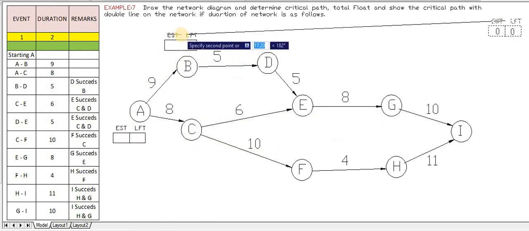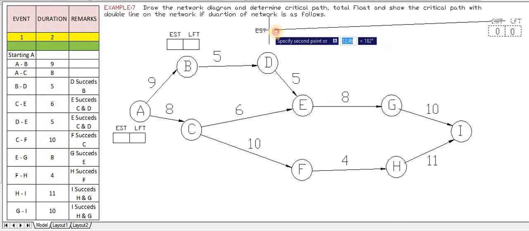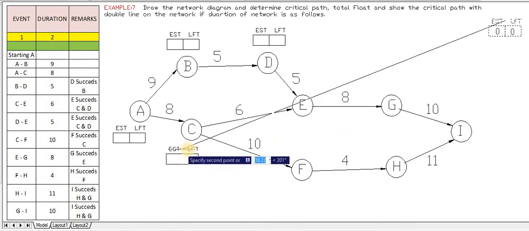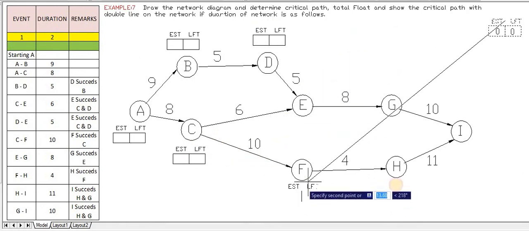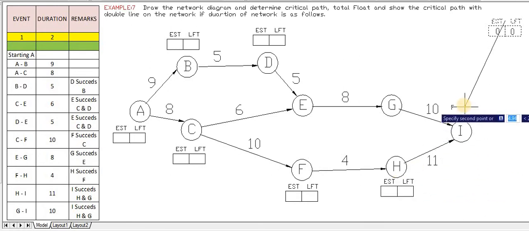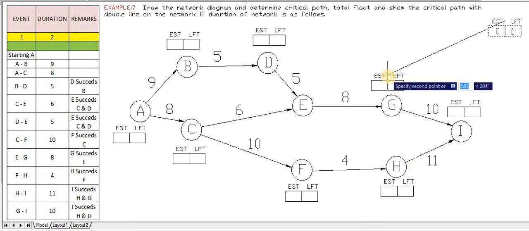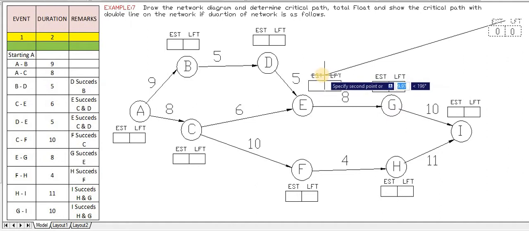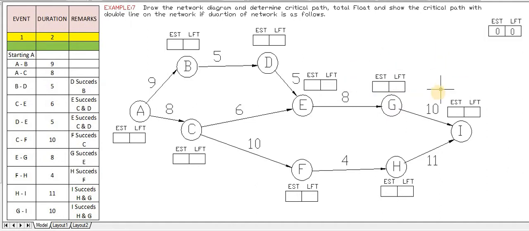Then we will fill in the data. In this way we have copied the earliest starting time and latest finish time for every event. Every node. Event means nodes.